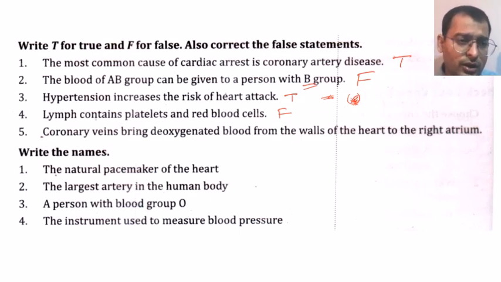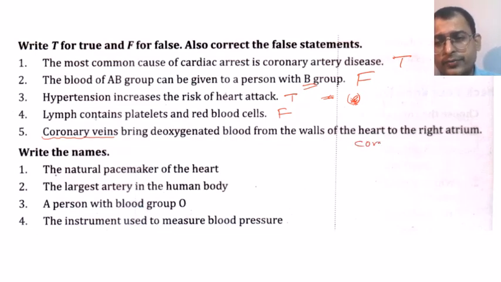The coronary veins will carry the deoxygenated blood from the heart to the coronary sinus. Okay, and this coronary sinus will enter into the right atrium.